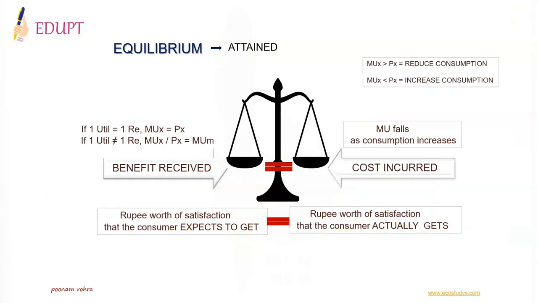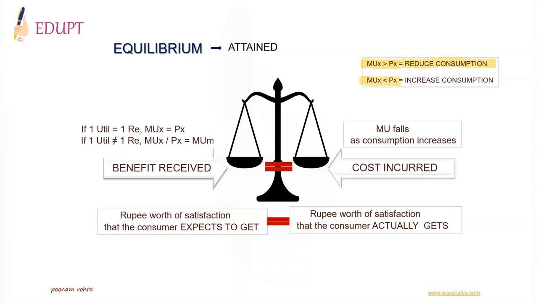It has been understood that there is a possibility of disequilibrium. That is, if benefit or marginal utility is greater than the cost or price, the consumer consumes more. Utility declines and consumption has to be reduced to attain equilibrium.